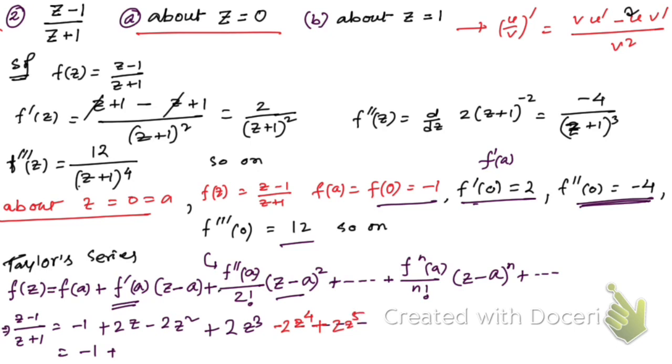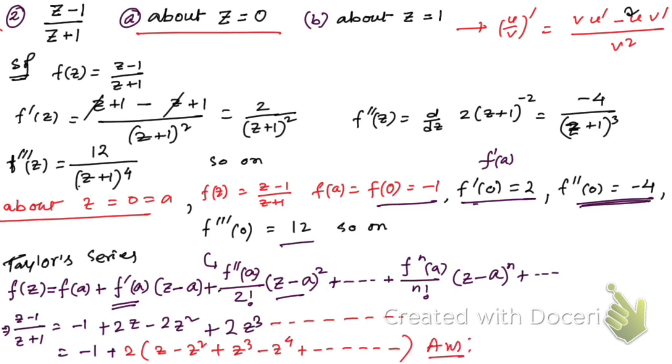So we take the 2 common: z minus z square plus z cube, and again minus z to the power 4, and plus dot dot dot and so on. So this is our answer. That's how we can find the Taylor series of this given function about z equal to 0.